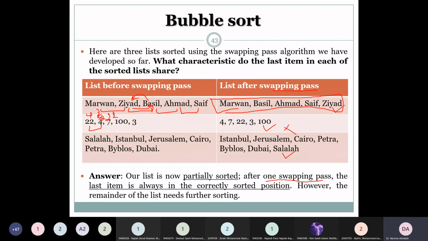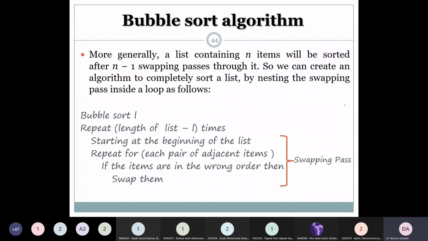More generally, a list containing n items will be sorted after n-1 swapping passes through it. So we can create an algorithm to completely sort a list by nesting the swapping pass inside a loop as follows.